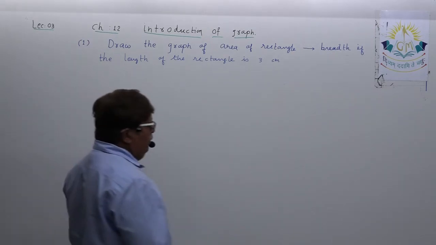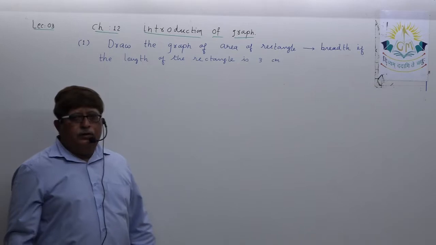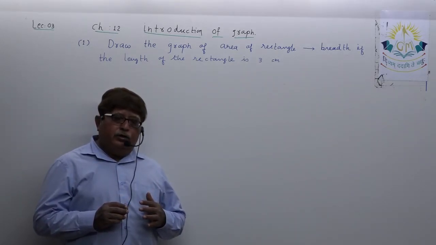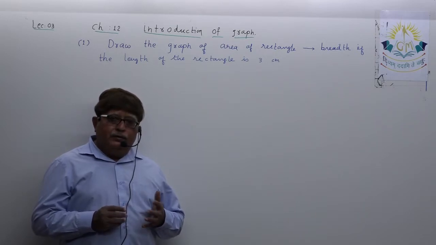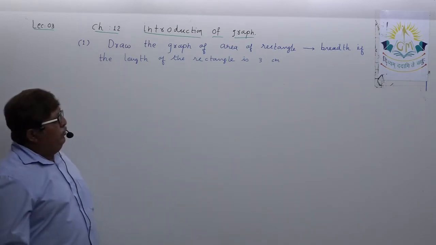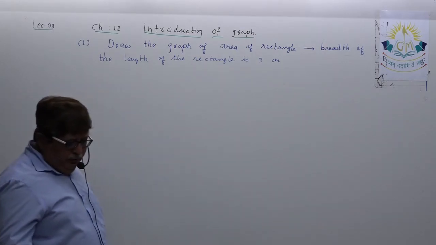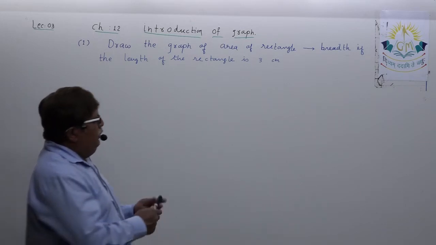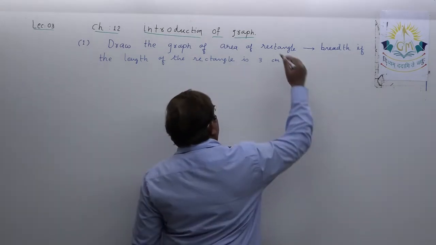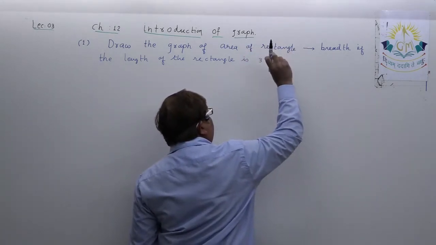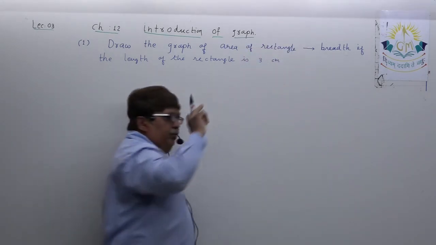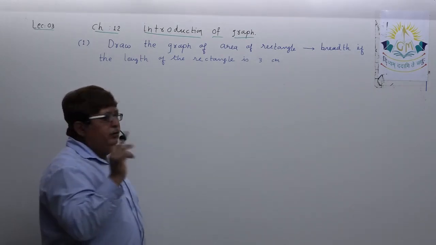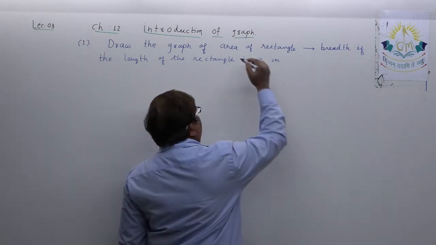First, you need to understand in today's lecture how to formulate the basic equation of graph, and then you will go for the value table. See, dear student, what you should concentrate more on in such type of problem, you have to first note down the two variables based on which you have to prepare the graph.